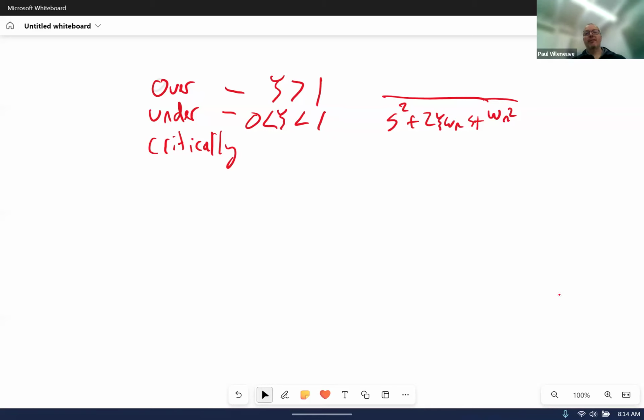So you're saying this is going to be S squared minus 2 zeta omega sub n S plus omega sub n squared. What's the problem with that? Why? Is it impossible? Very good. It's an unstable system, right? What was our criteria about Routh-Hurwitz? What's that?